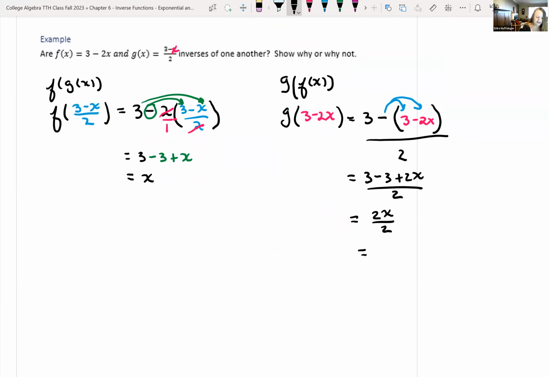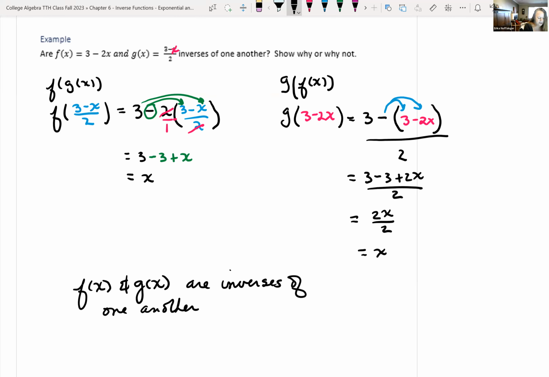And that simplifies to x. So f of x and g of x are inverses of one another. And again, that's because when we took the composition, both directions, we got back x.